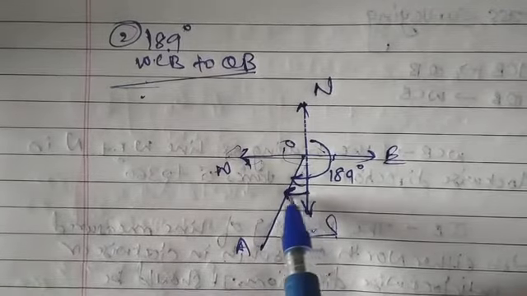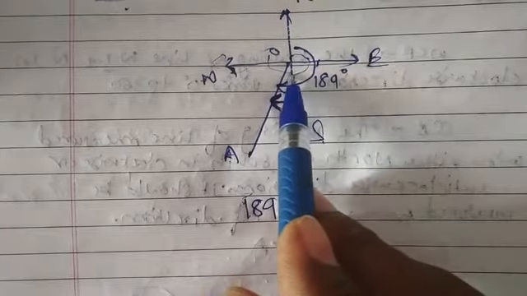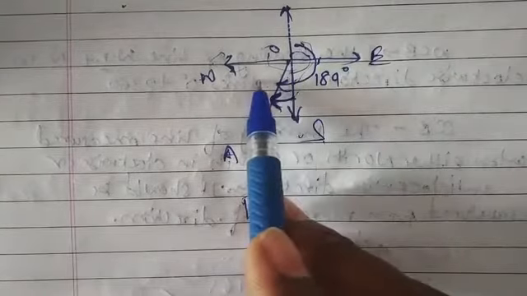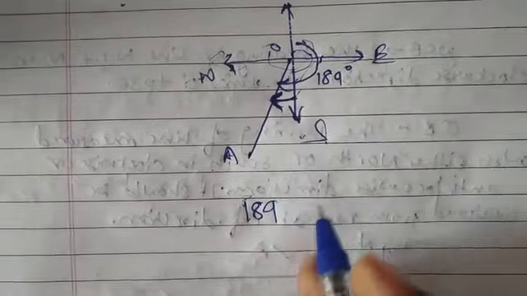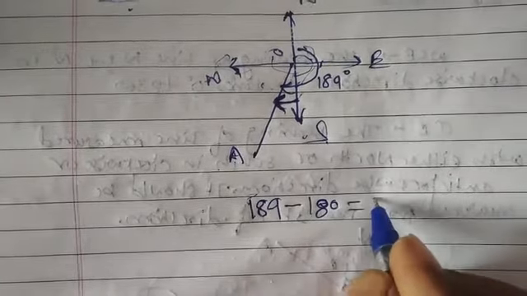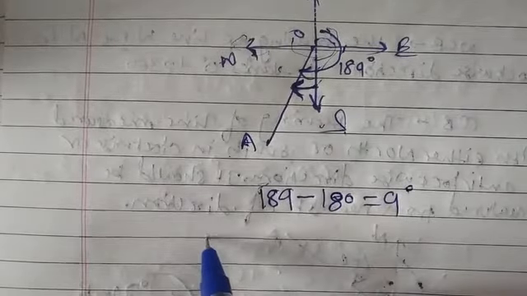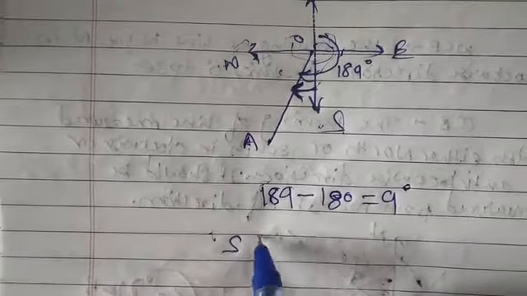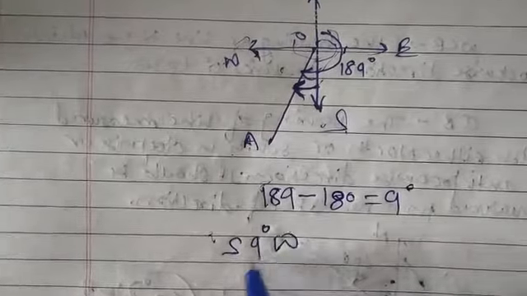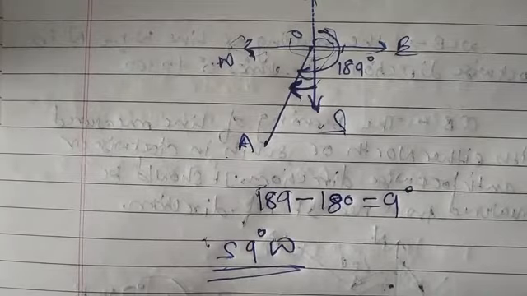To find this bearing, we have to deduct 180 degree from the total bearing of the line, so that we get this angle. So 189 minus 180 is 9 degree. For quadrantal bearing it is represented as south 9 degree west. So this is how we convert the whole circle bearing into quadrantal bearing.